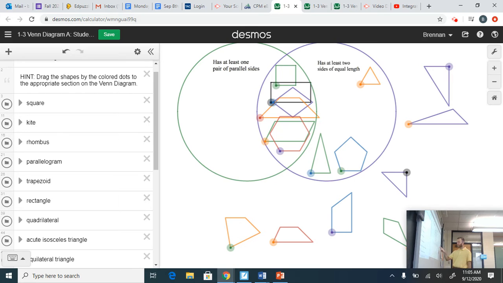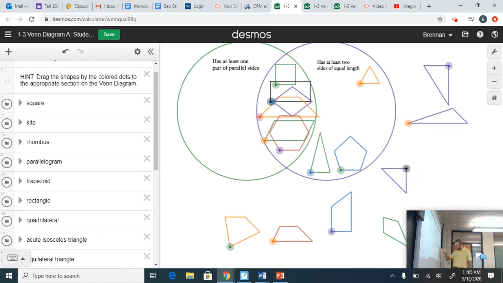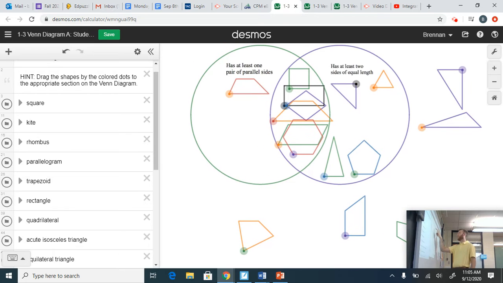This isosceles triangle has, is that isosceles? Yes. Isosceles triangle, that has two sides of equal length, but no parallel sides. This trapezoid has parallel sides, but no side of equal length, right? It looks like the two side ones are messed up.